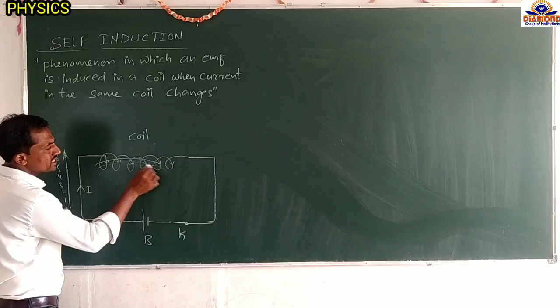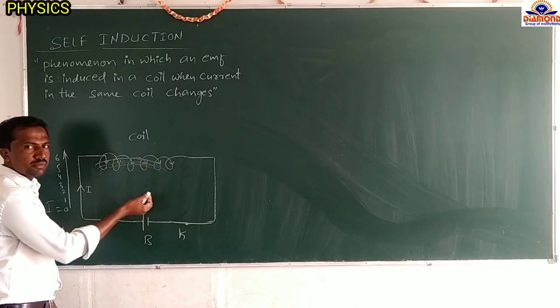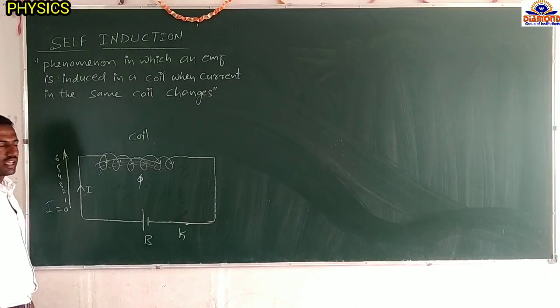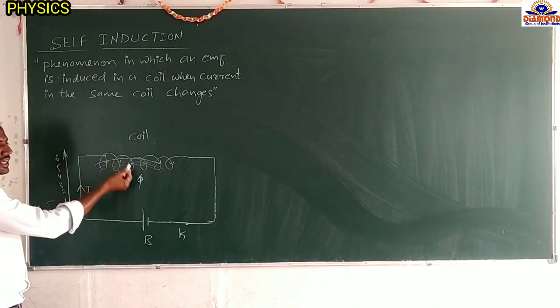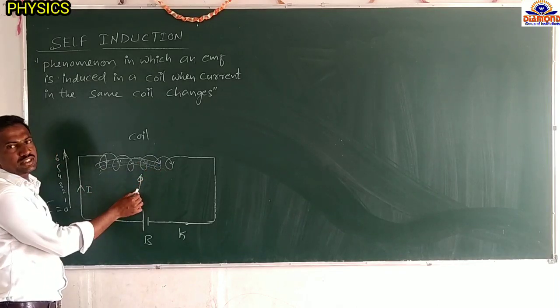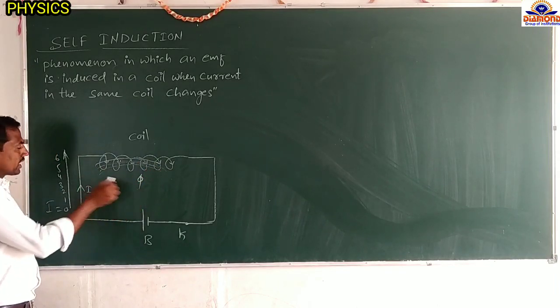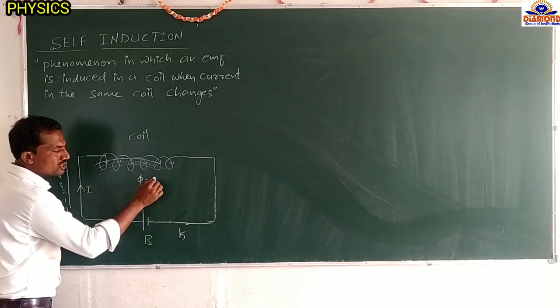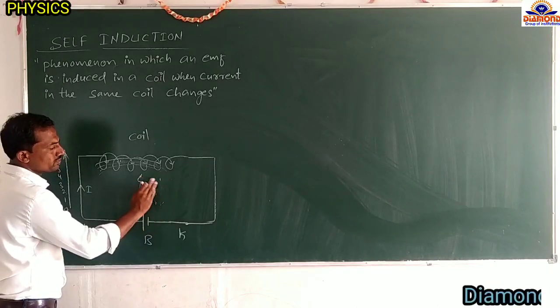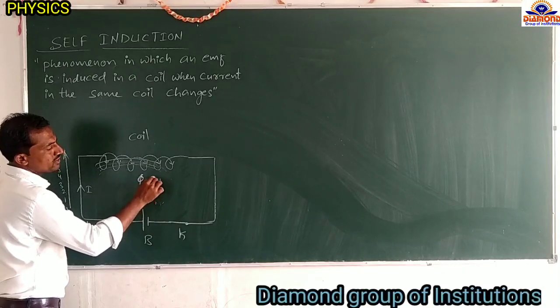These magnetic field lines passing through the surface are called magnetic flux. Current changes means magnetic flux also changes. The magnetic flux value also changes.